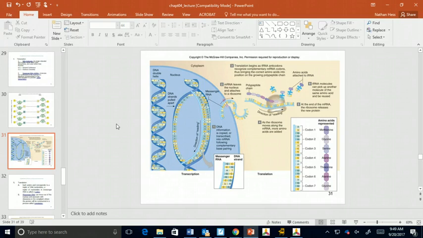Remember, the DNA contains what? The code, the genetic code, which is all the instructions to make the proteins that make up all the cells that do all the things in your body.